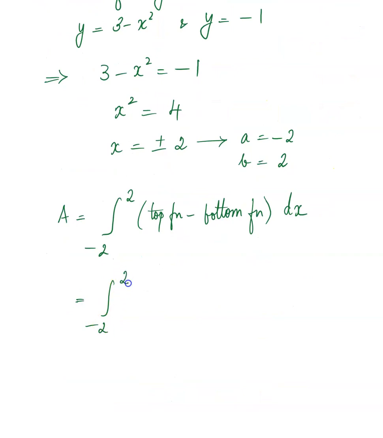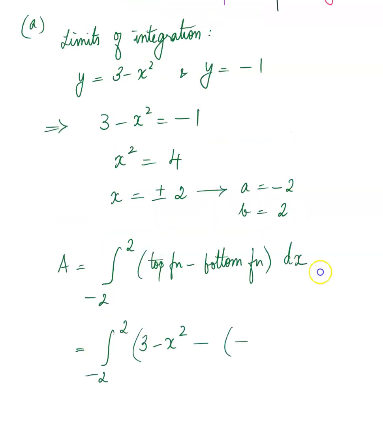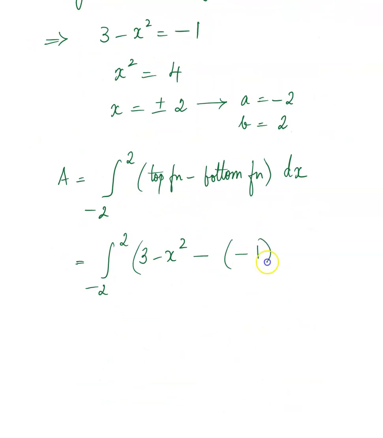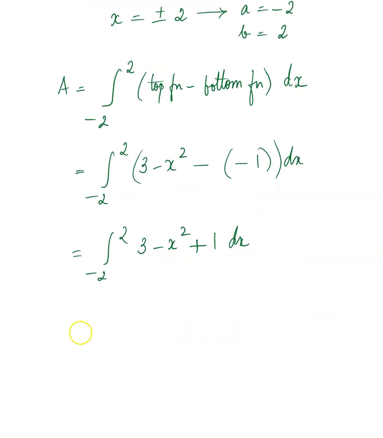So negative 2 to 2, 3 minus x squared, minus, the bottom function was this horizontal line, right? Horizontal line is negative 1. So it's negative 1 dx. Negative 2 to 2, 3 minus x squared plus 1 dx, which is basically 4 minus x squared dx.